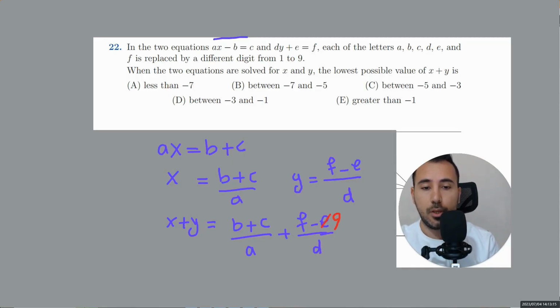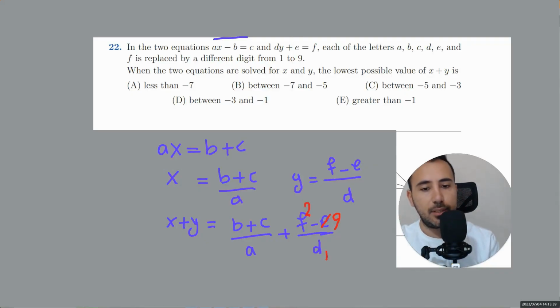Okay. So again, you see we have now 1. We want to maximize this. I could put 1 here and then 2 here. That would create negative 8 over 2, negative 4. But how about putting this 2 over here and this 1 over here? That's pretty smart, isn't it?